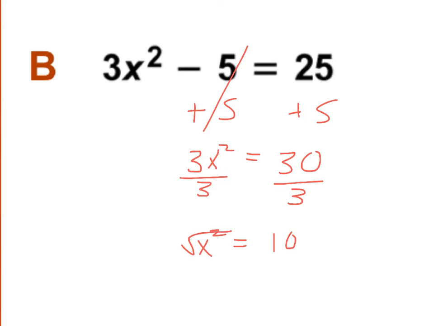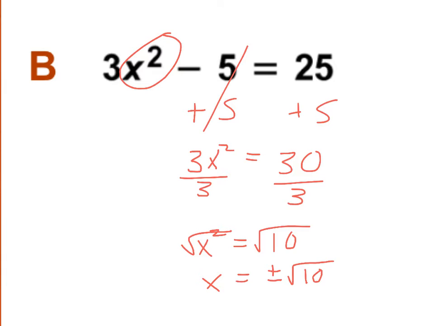Take the square root, so it cancels out on the left. So we get x is equal to plus or minus square root 10. We just leave it like that. Like that? Yes. Since we start with an x squared, this tells us that we have two values for x that make this equation true.